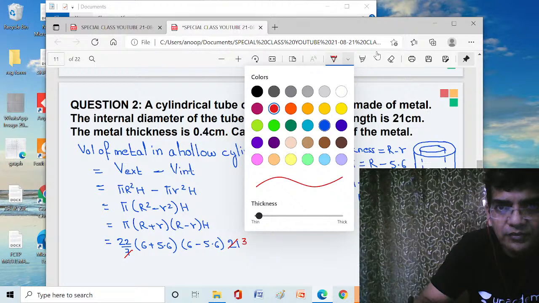Okay, so I will do it. 22 into 11.6. 11.6 multiplied by 22. When I multiply it by 2, it gives 232, and then again 232, so 2552. So it will give me 255.2.